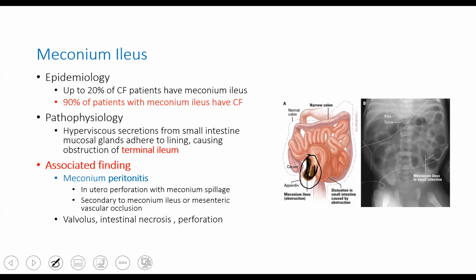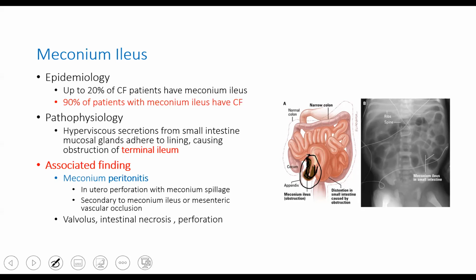The associated findings with meconium ileus: it can also present with something called meconium peritonitis. That means a small perforation in utero. How can I know the baby might have meconium peritonitis? Either antenatal calcification in the peritoneum, or after the baby is born, you do an X-ray and you will see some calcification.